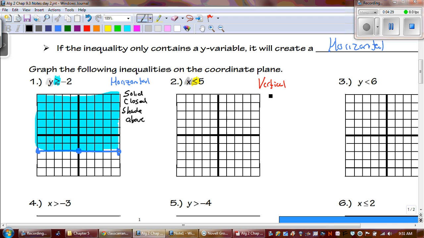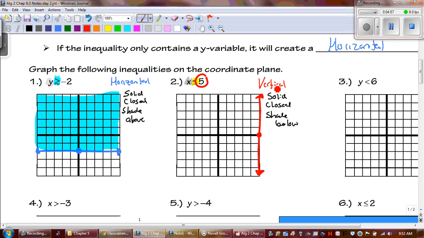So if less than or equal to, it's going to be solid. It's going to have closed points, and it's less than, so that means we need to shade below. So at 5, 1, 2, 3, 4, 5, there's my point. It's a vertical line.